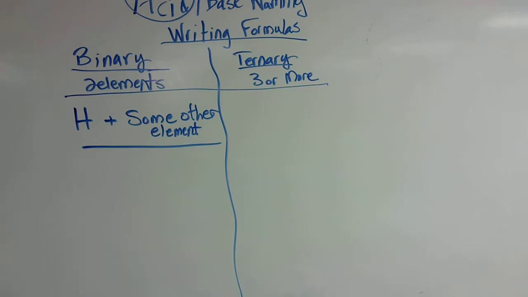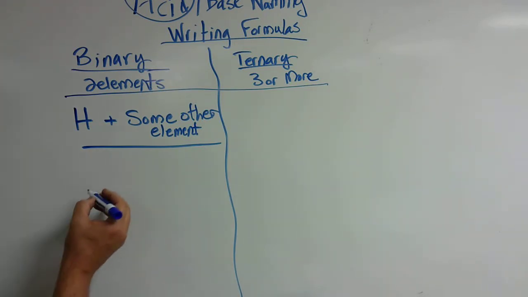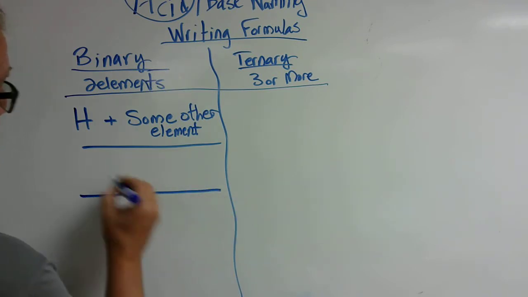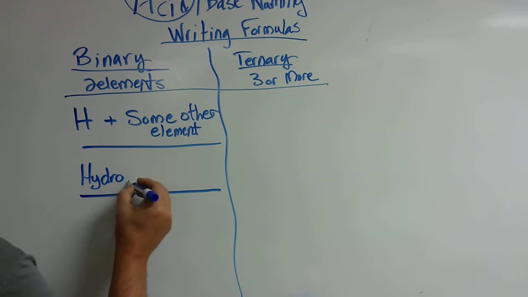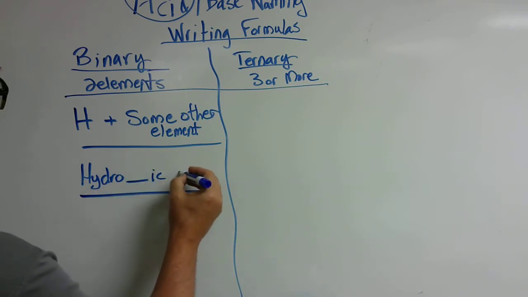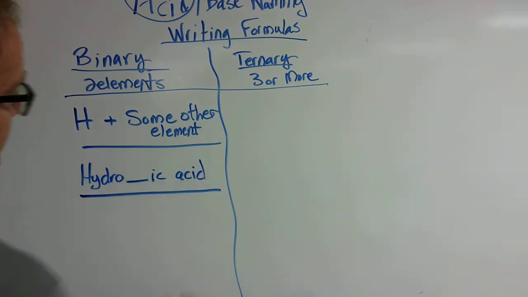So first of all, we're just going to go ahead and name it. We have a template naming system, and it's going to be hydro, blank, ic acid. I am going to assume that you have heard the words hydrochloric acid.